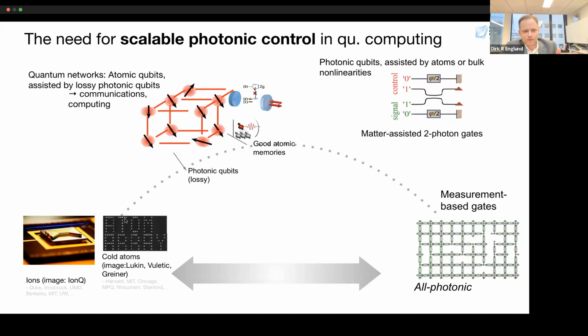In both cases, however, it's necessary to interface with these atomic systems optically. There are no wires connecting to these ions, no wires connecting to these neutral atoms. They are in a vacuum, and the way that we initialize, manipulate, and measure them is through laser fields.